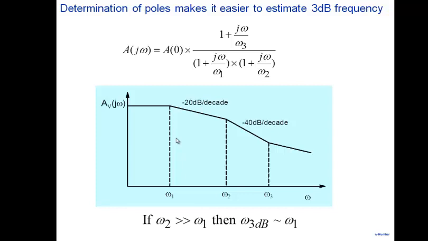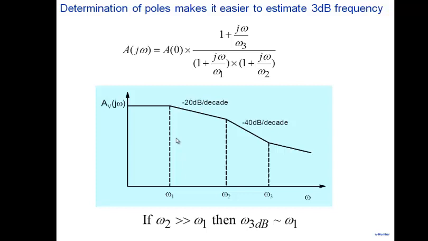Most of the expressions for 3 dB will be based on this assumption: I have a dominant pole in my system. So let's say omega 2 is much, much larger than omega 1, which means my dominant pole is omega 1. Not only that, I'm saying my dominant pole is at a much lower frequency than my zero also.